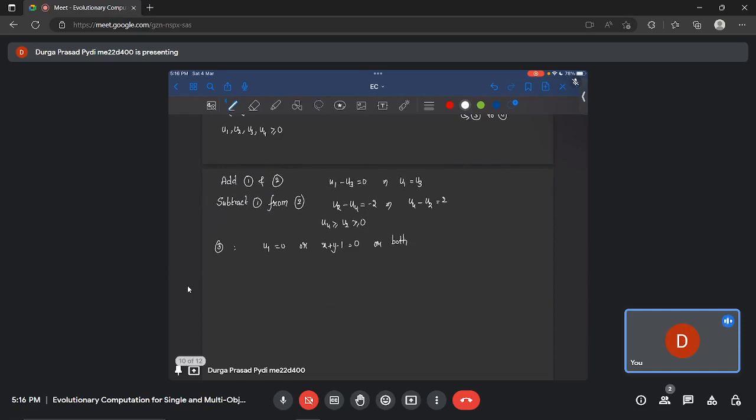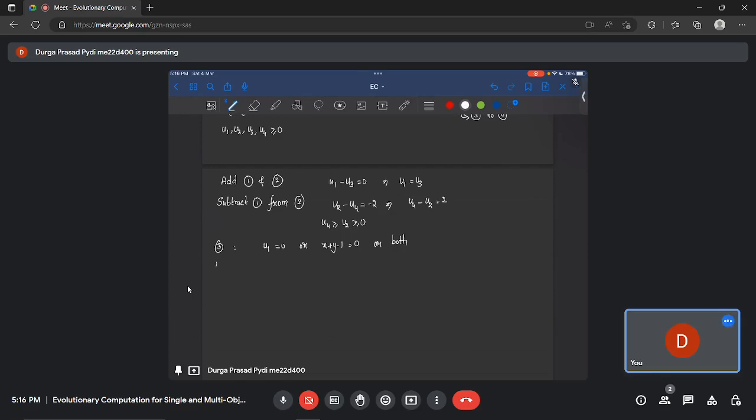Similarly, for all such equations we'll have this set of possible conditions: either u2 equal to 0 or g2 equal to 0, or both. Similarly, u3 or g3 equal to 0 or both, and for the last one, u4 equal to 0 or g4 equal to 0 or both.